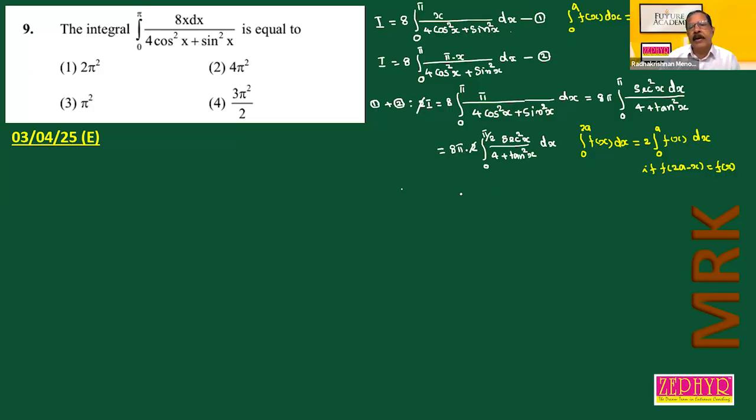Okay. Now what do you do? Put tan x is equal to t, which implies sec squared x dx is equal to dt.